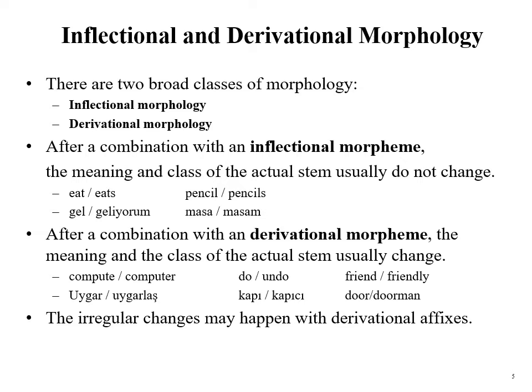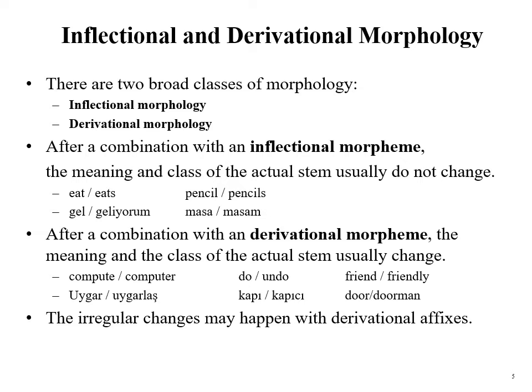Masa and masalar are also Turkish words. Masa means table in Turkish, and masalar means lots of tables.